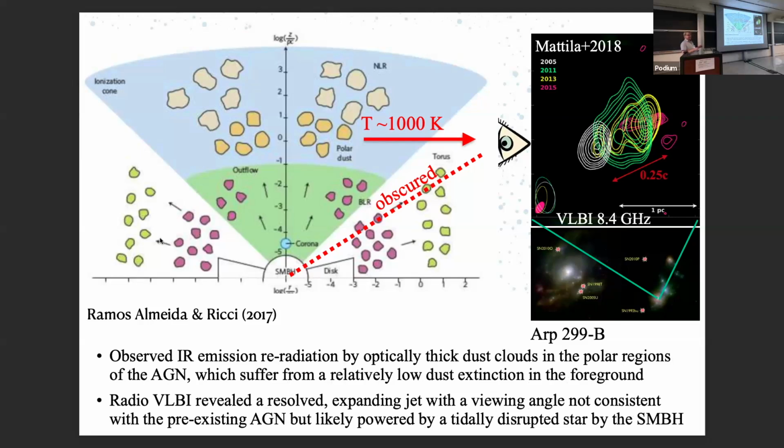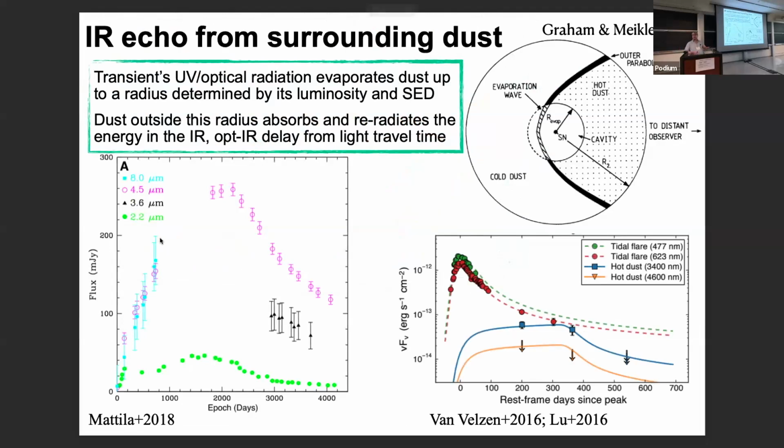And in the paper, we argue that this can't actually be related to the active galactic nucleus, that we are rather seeing a jet launched by the tidal disruption event in the galaxy. So we claim this is a dust-obscured tidal disruption event at the center of ARP299, not observable in the optical, only at the infrared wavelengths. So this is the picture.